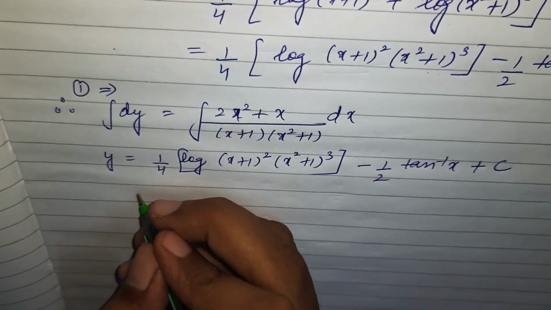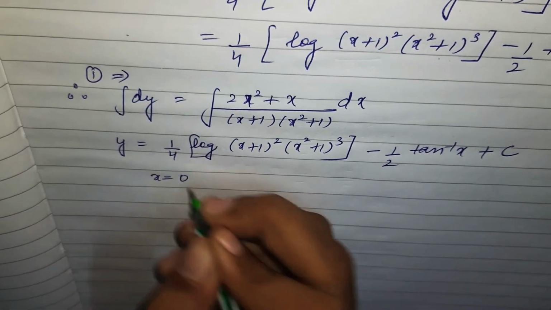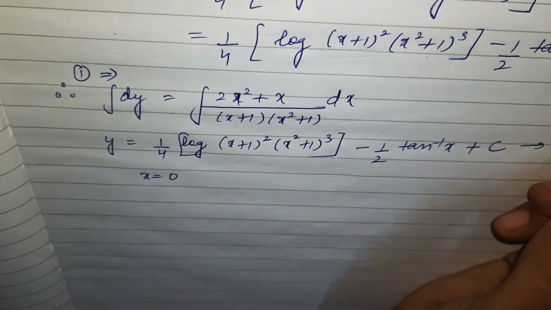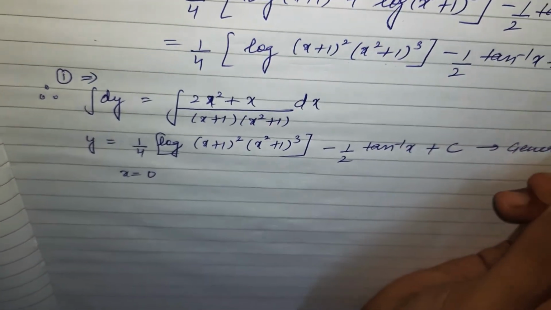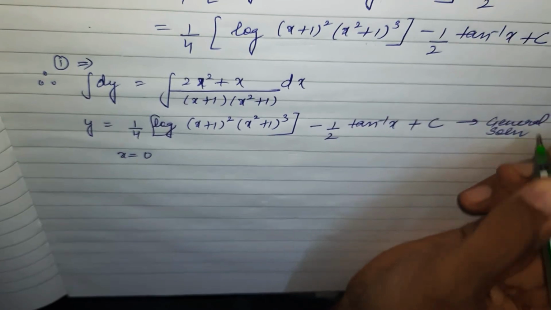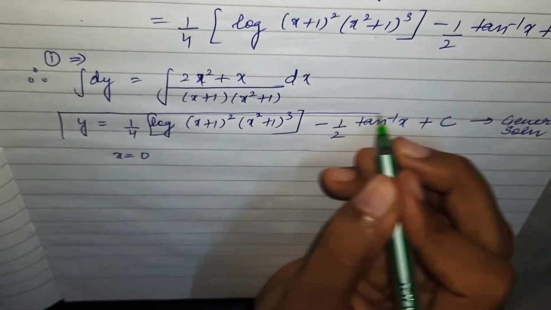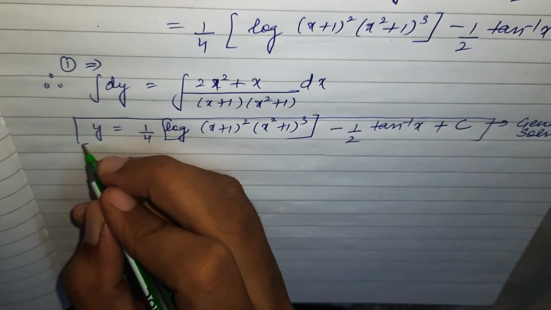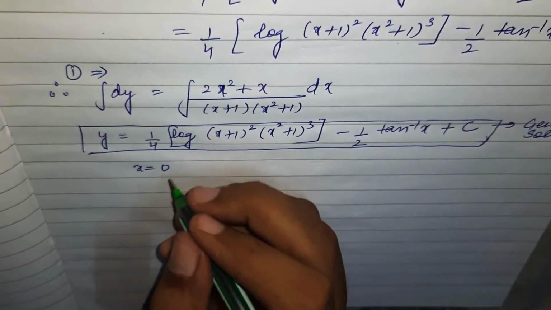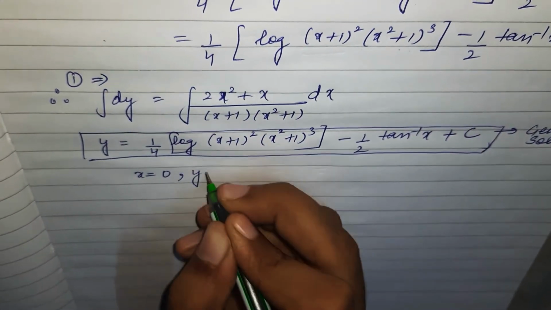Now put x as 0. This is your general solution. Okay, if this is your general solution, now you need to calculate the particular solution. For the particular solution, this condition is given, x is 0, y is 1.